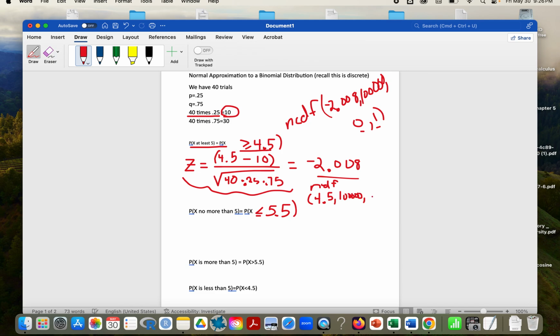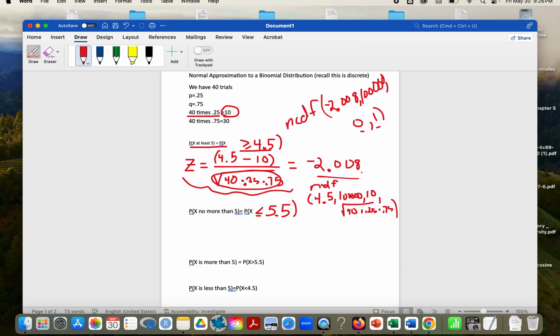But your mean is going to be 10, and then your standard deviation is going to be this thing. So the square root of 40 times 0.25 times 0.75. And if you type that in, you should get the 0.97. It works out to be 0.97767.